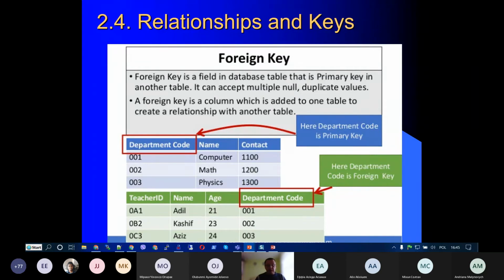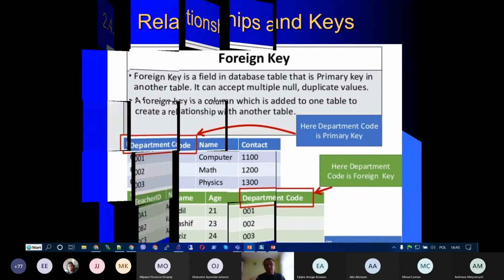In this case, on the department table, the department code plays the role of primary key, and in the teachers table, for the teacher assignments, the department code plays the role of a foreign key.